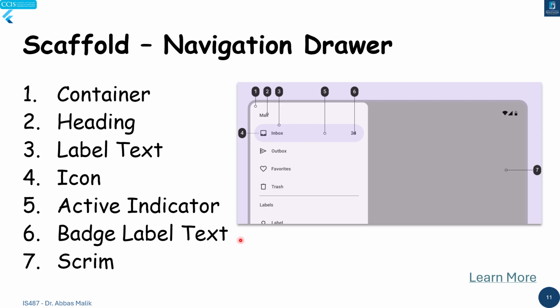We have a badge label text, for example in the inbox, how many unread emails there are, 24. We also have a screen, the background page behind the navigation drawer, which is obscured or dimmed. If you want to learn more, you can click on that link and go over there.